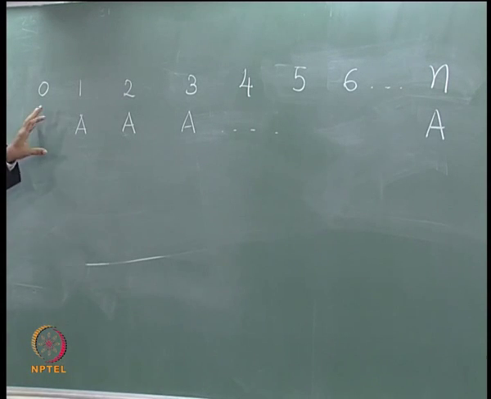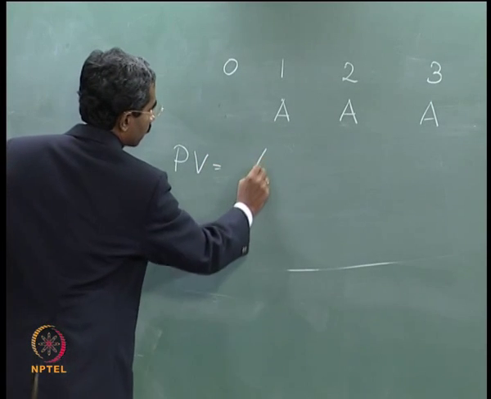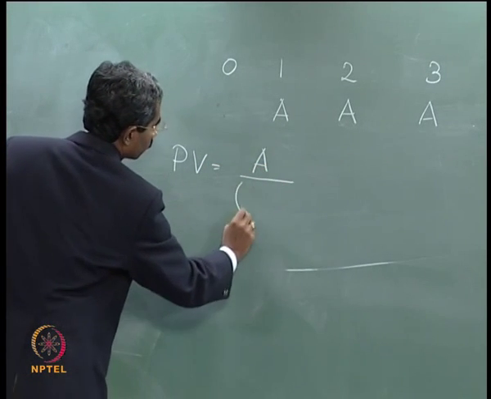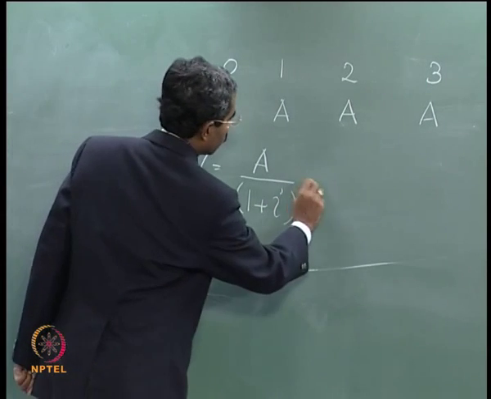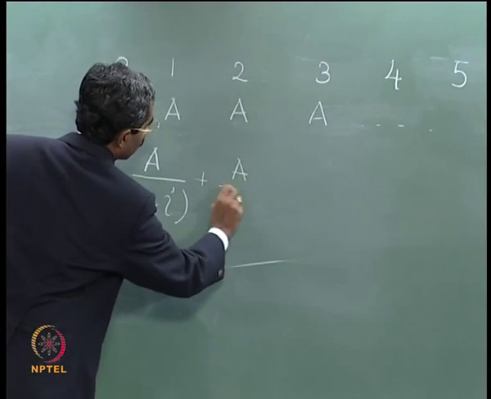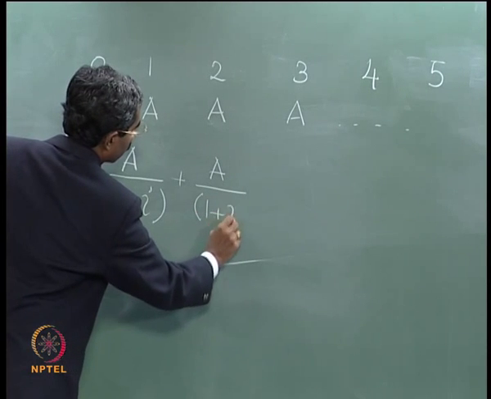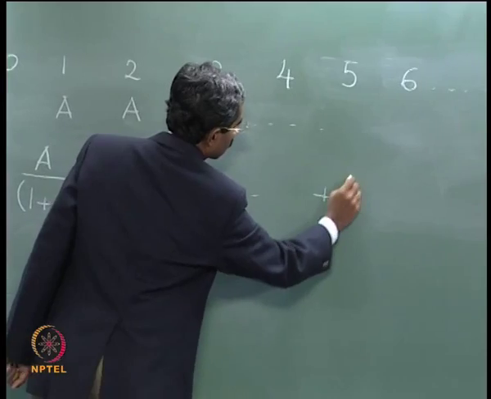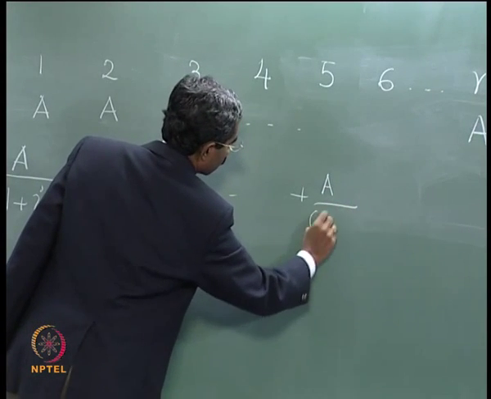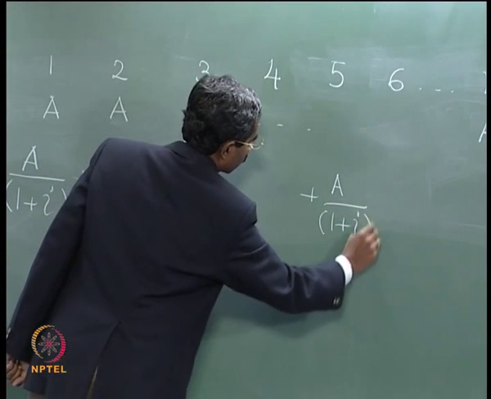So the present value of this cash flow stream is nothing but, if you assume that the rate of interest is I, A divided by 1 plus I, A divided by 1 plus I whole square, and so on, up to A divided by 1 plus I to the power of n.